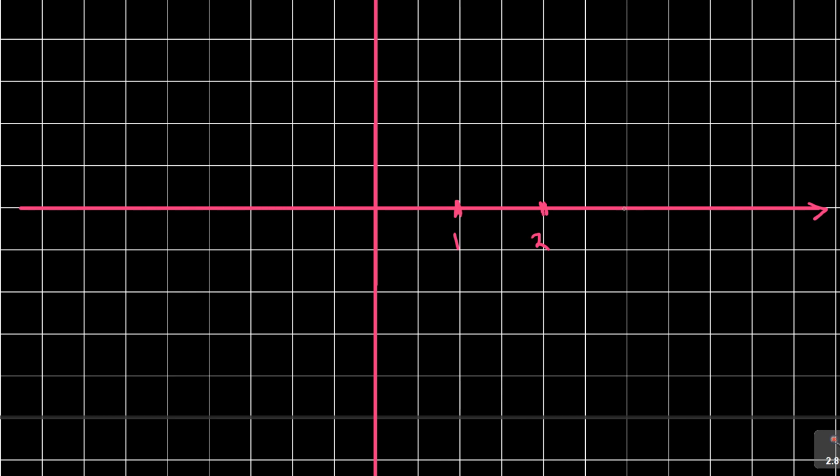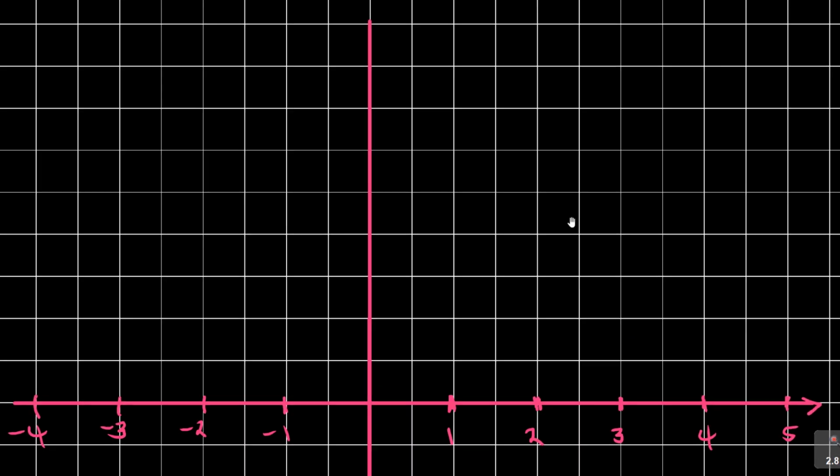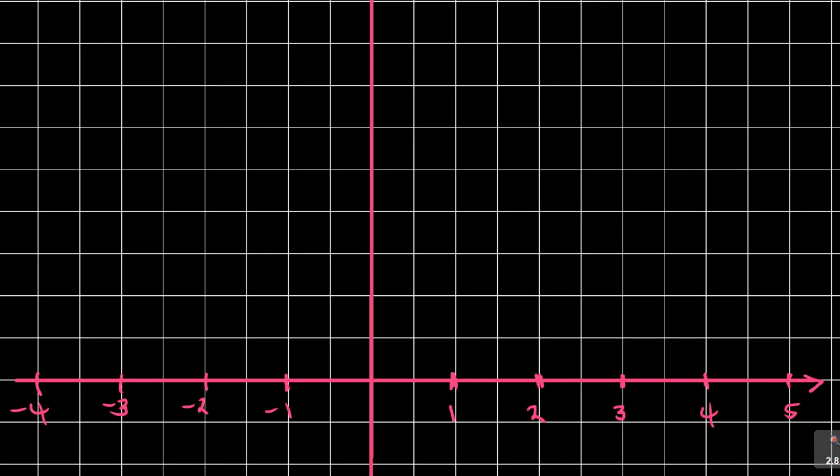I want to fill my graph. Every 2 squares I call it 3, every 2 squares I call it 4, then here is going to be 5. Do the same thing. Every 2 squares is -1, every 2 squares -2, -3, -4. Are you with me? But because y is very long, I'm going to take it one by one.